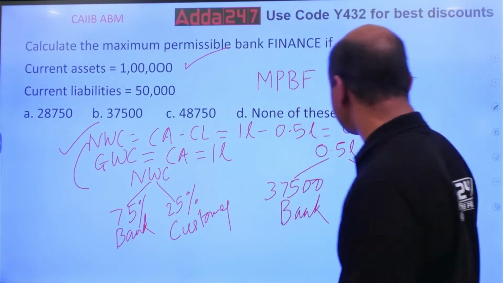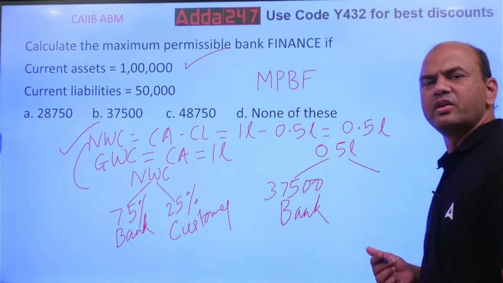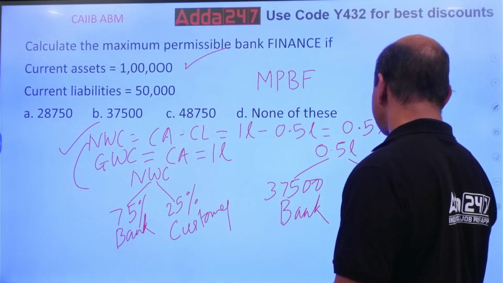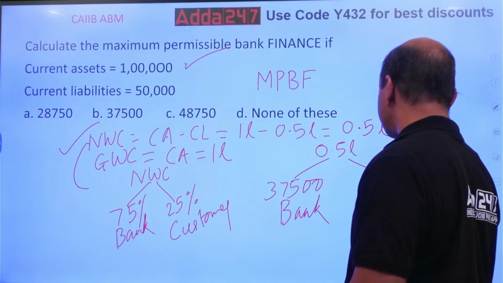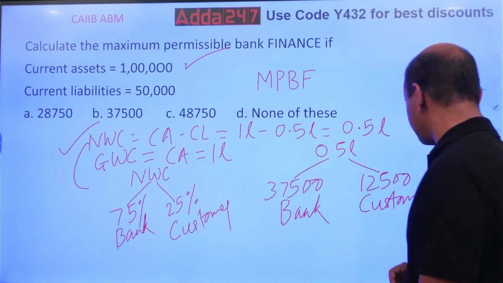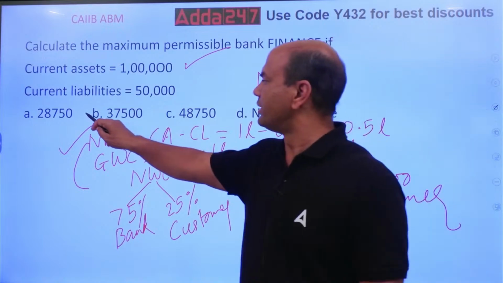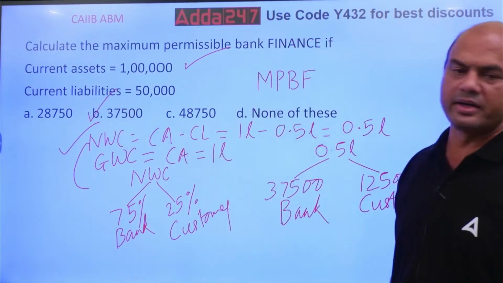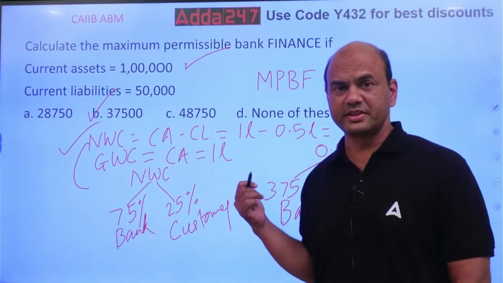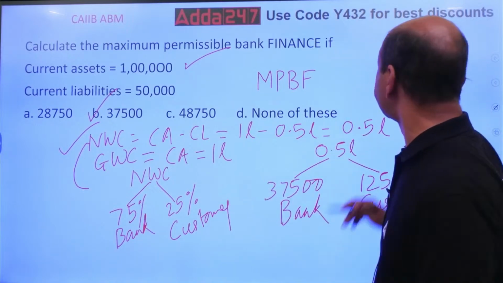And the remaining one is 12,500 by the customer, as margin. So the answer is B, 37,500. Got it? Simple but logical, isn't it? This will come for 1 mark.